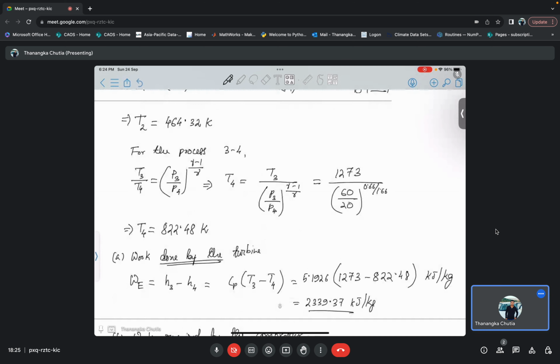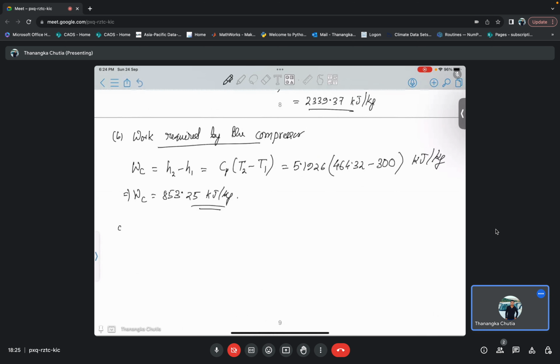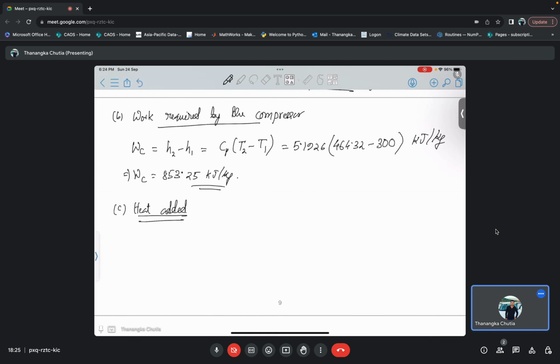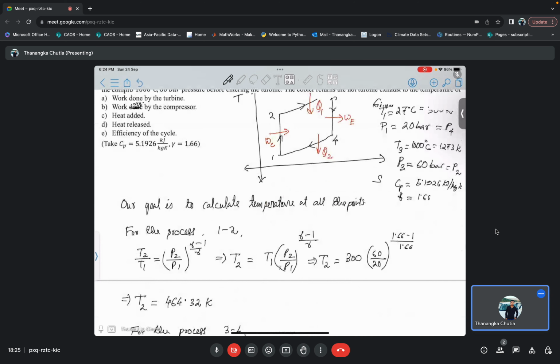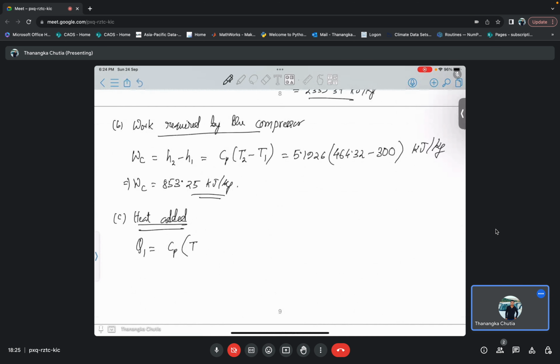Okay, next, heat added. Okay, that is Q1, that will be equal to CP T3 minus T2. Okay, 5.1926.